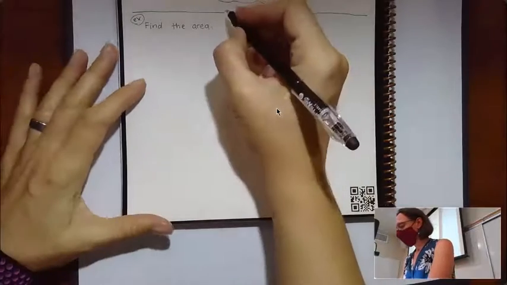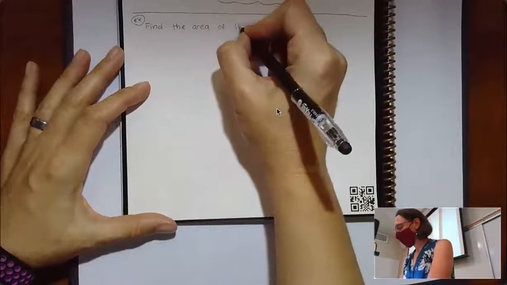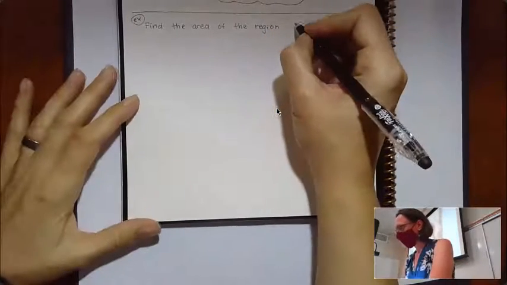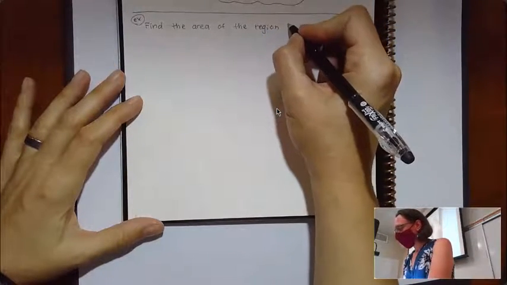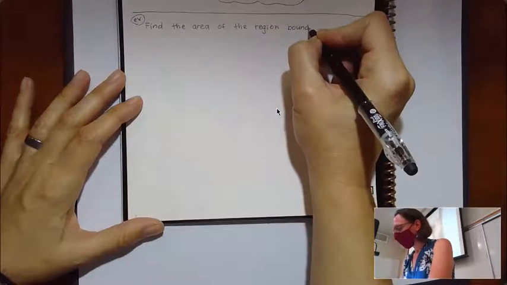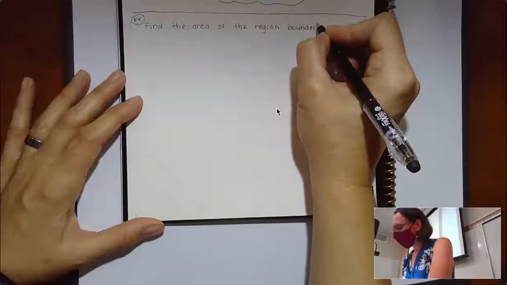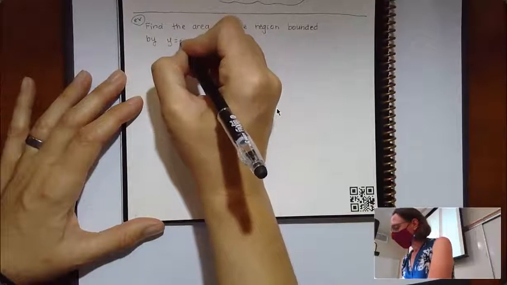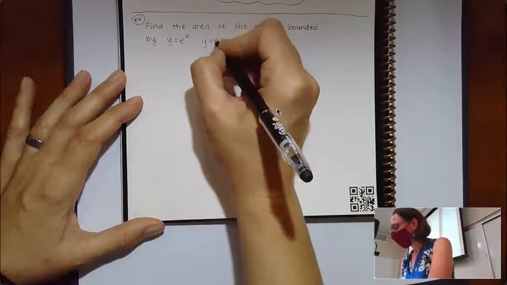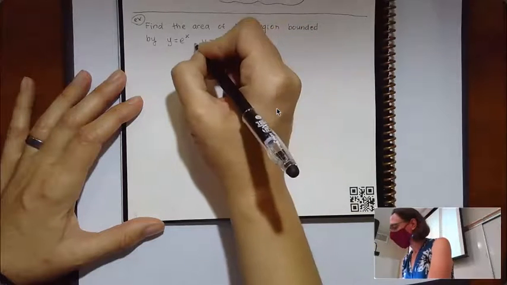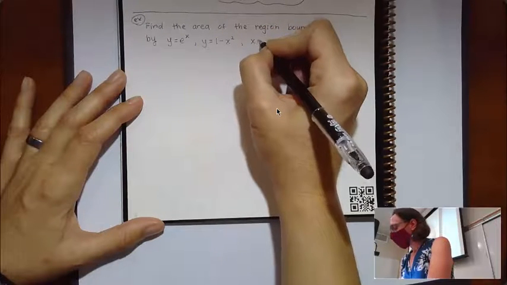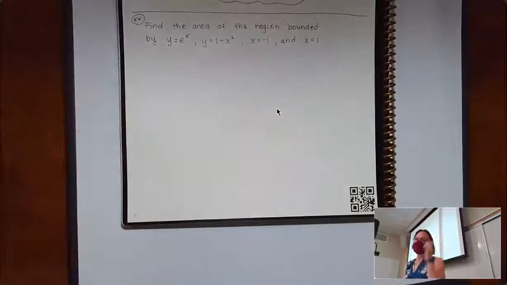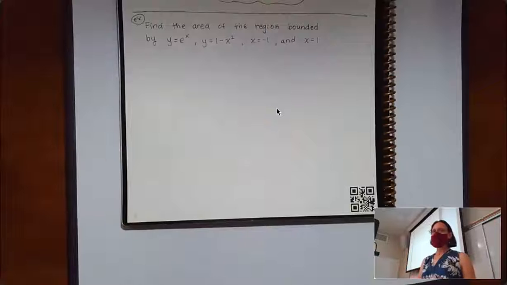But let's find the area of the region bounded by y equals e to the x, y equals 1 minus x squared, x equals -1, and x equals +1. Okay.